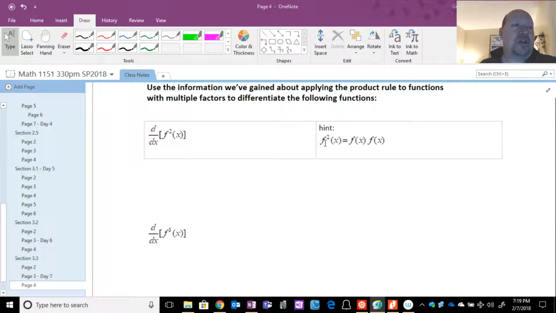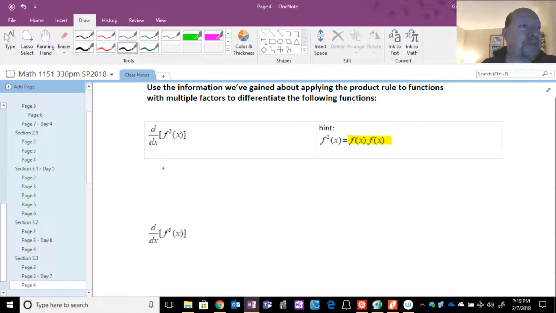To understand what that means, it's good to know this little hint over here: f squared of x is the same thing as f of x times f of x. That should tell us something, because that's basically applying the product rule. If I have two functions multiplied together, in this case the same function multiplied by itself, I can still use the product rule on that.